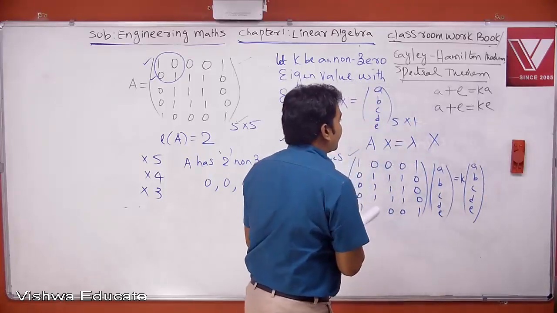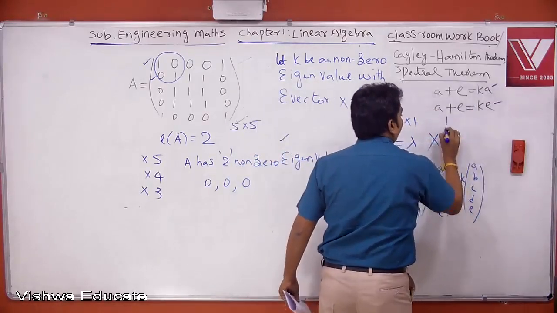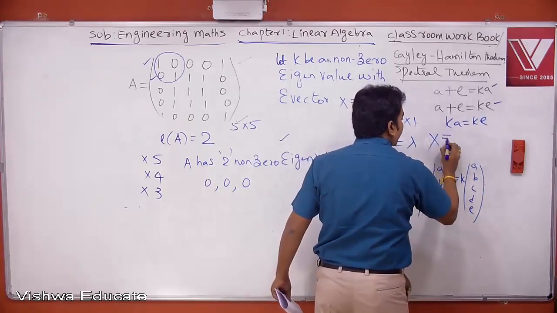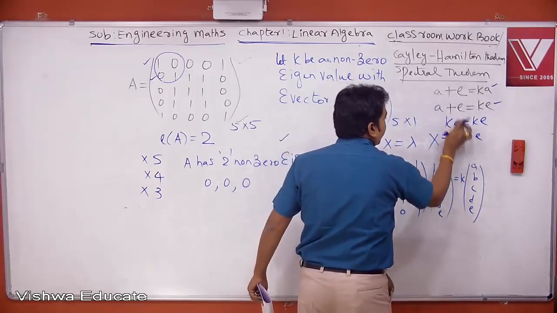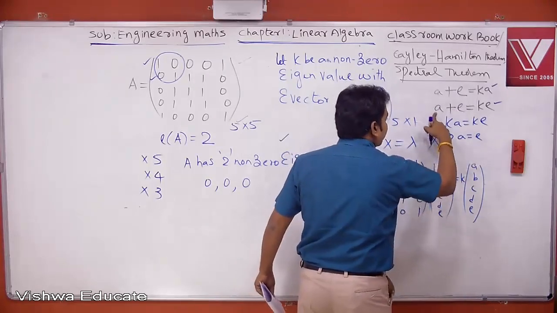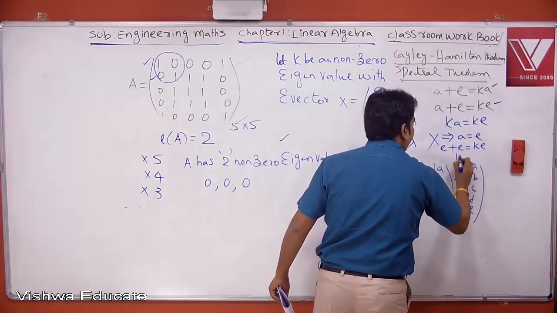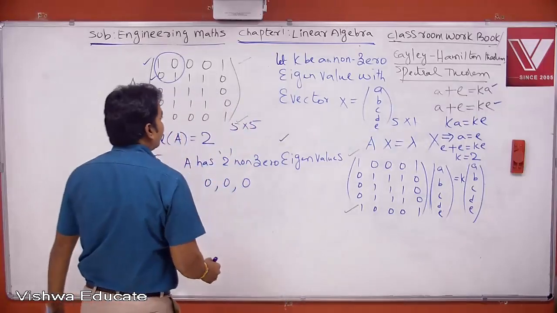So the LHS part is the same. Therefore, make the RHS quantities equal: ka equal to ke. Since k is a non-zero number, cancel it out. You will get a equal to e. So replace a by e in this expression. You will get e plus e equal to ke, so from this you will get k equal to 2. Therefore, one non-zero eigenvalue is 2.